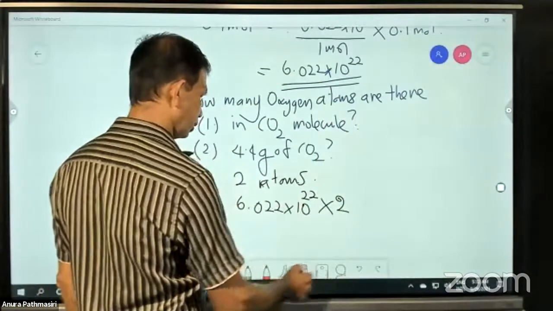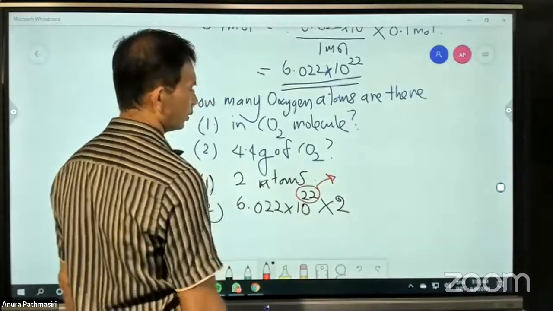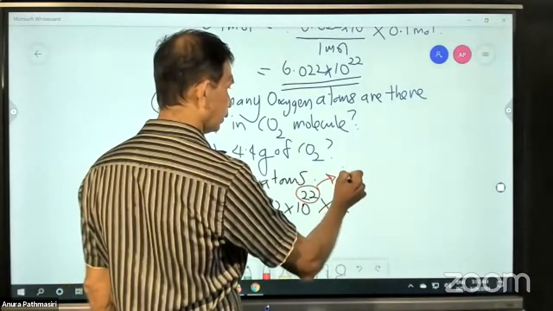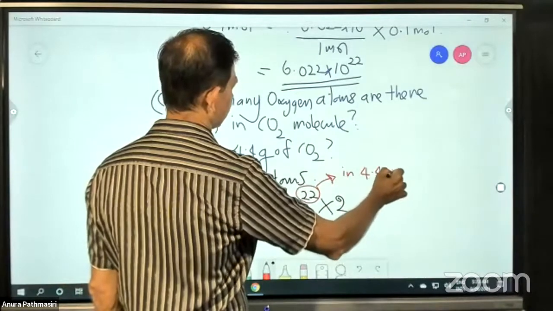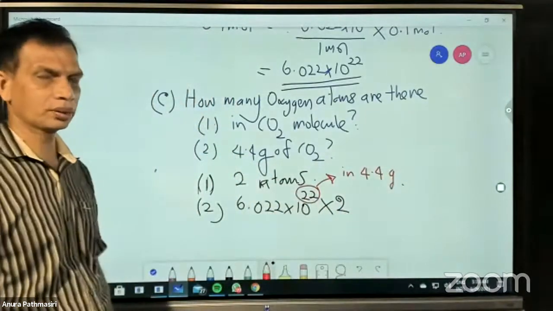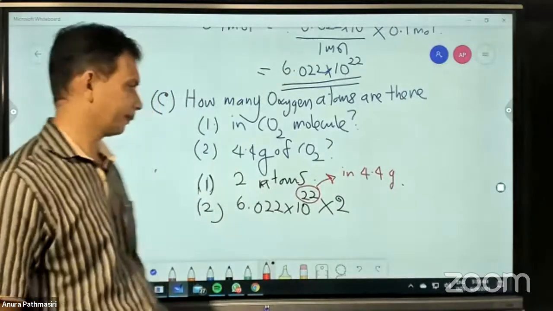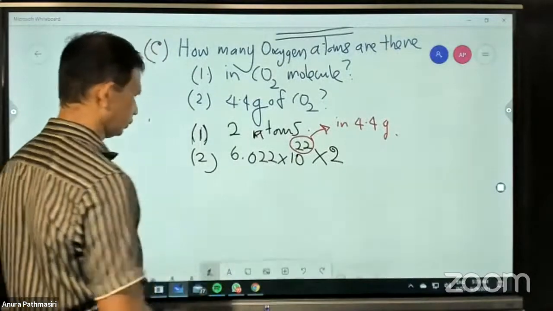Remember, this is not 23, right? In 4.4 gram, that's why this was 22. Otherwise, it will be 23.